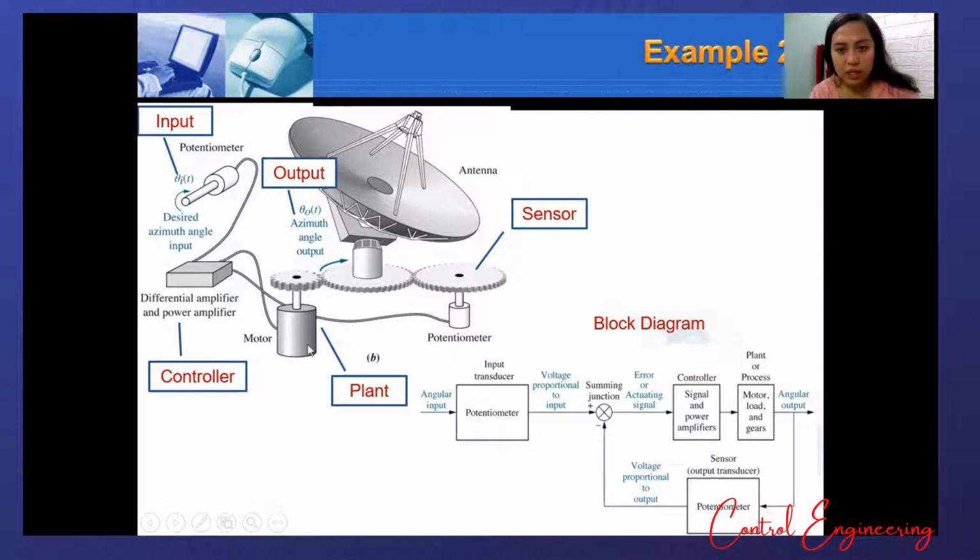Ito na yan, mga gears natin. Okay, so that's the plant or the process. Motor, then dito sa sensor. Then, that's the angular output. So, magkakaroon na tayo ng angular output. Then, going to our sensor, that's output transducer. Then, potentiometer na naman tayo. That's the feedback. Then, going back to the summing junction. Okay?